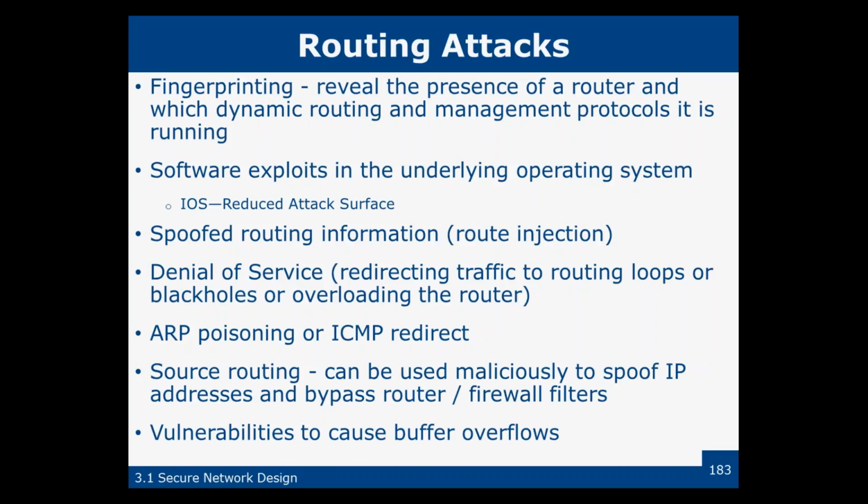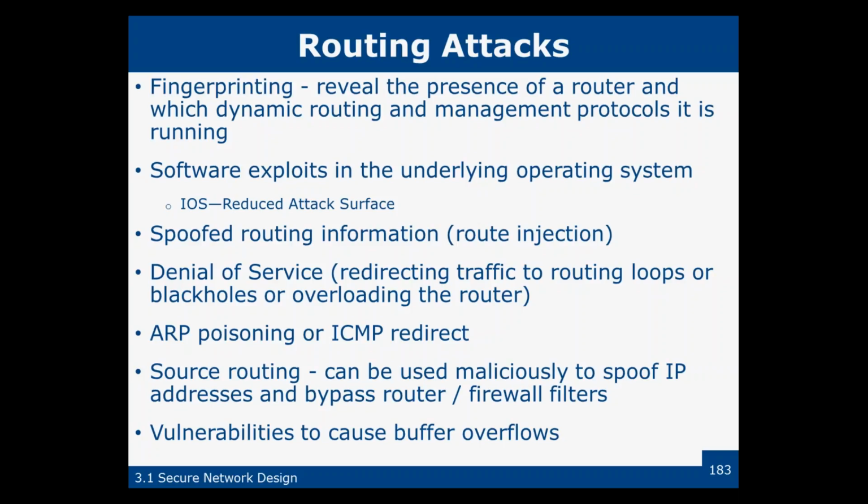For routing attacks, fingerprinting can reveal the presence of a router. We looked at fingerprinting last night using Nmap, or actually ZenMap and Nmap, where it gave us the ports, and in some cases can identify the operating system that's running on it.